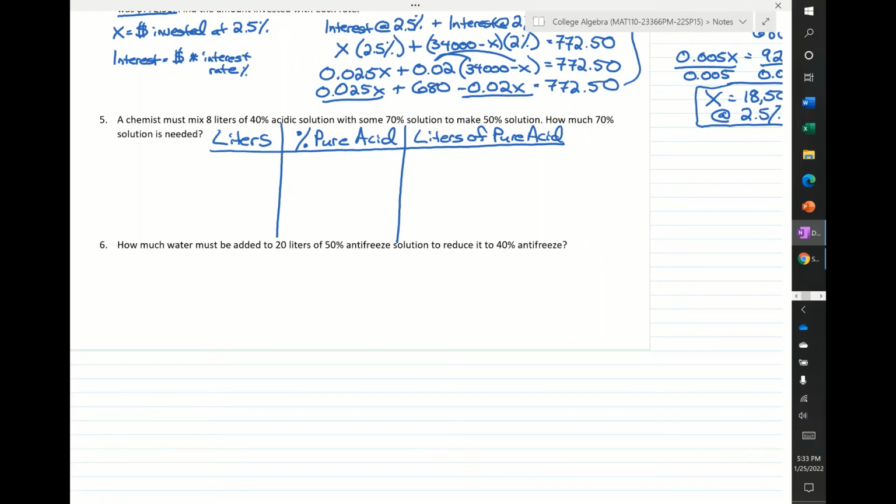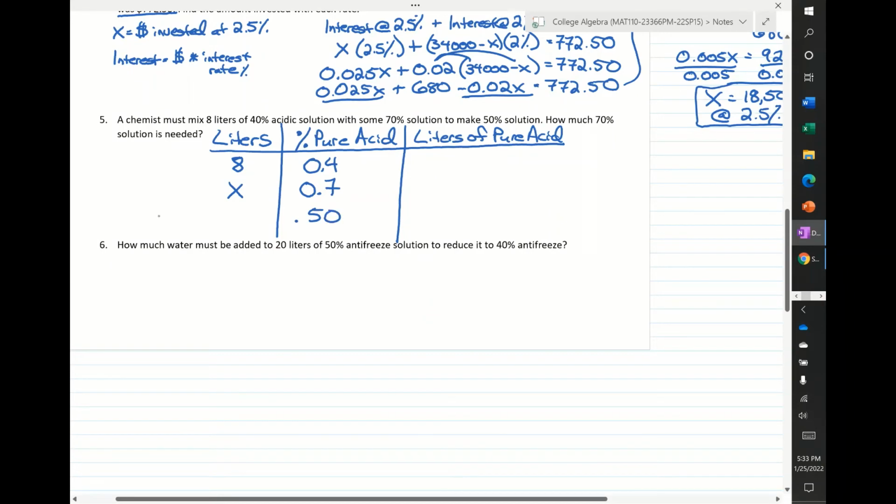A chemist must mix 8 liters of 40% pure acid with some 70% solution to make 50% for the total.